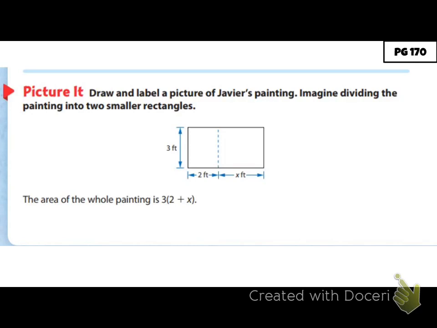Or in the picture it says draw and label a picture of Xavier's painting. Imagine dividing the painting into 2 smaller rectangles. So we have our 3 feet high, and we have our 2 feet plus the x number of feet here.